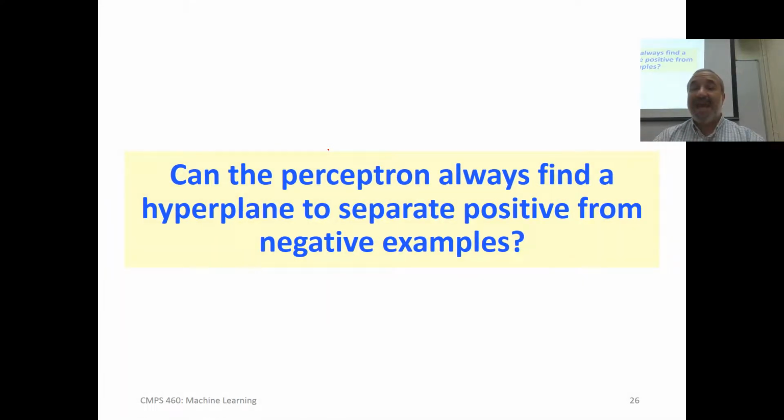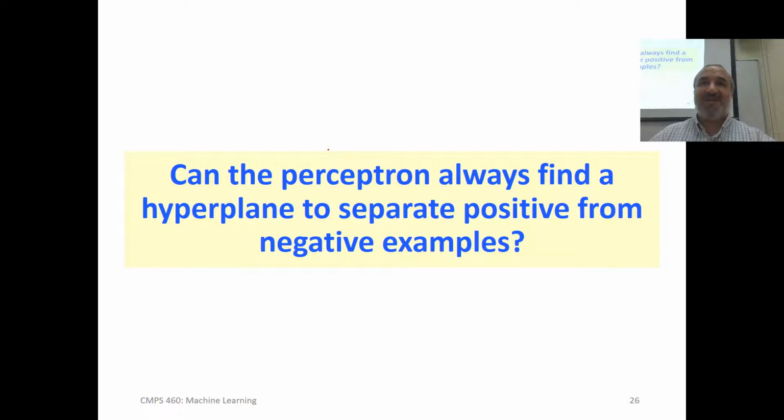Now the question is, can the Perceptron algorithm always find that hyperplane that will separate the positive and negative examples? We started by saying convergence will happen if we find that hyperplane, and we all agree on that. The question now is, will we find it? Will it be possible to find that hyperplane always or not?